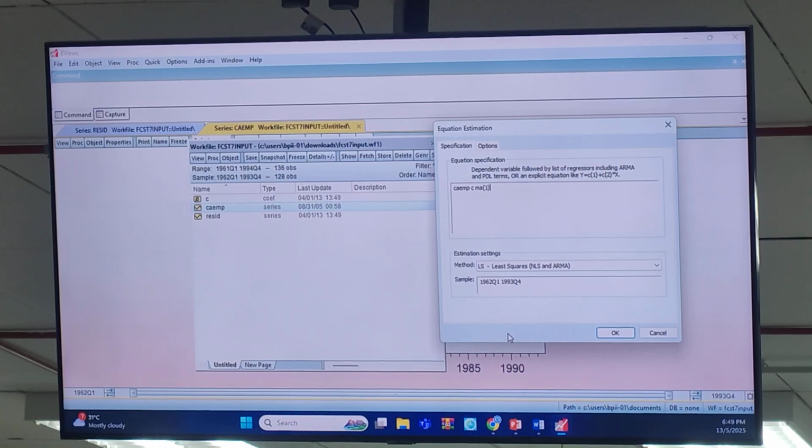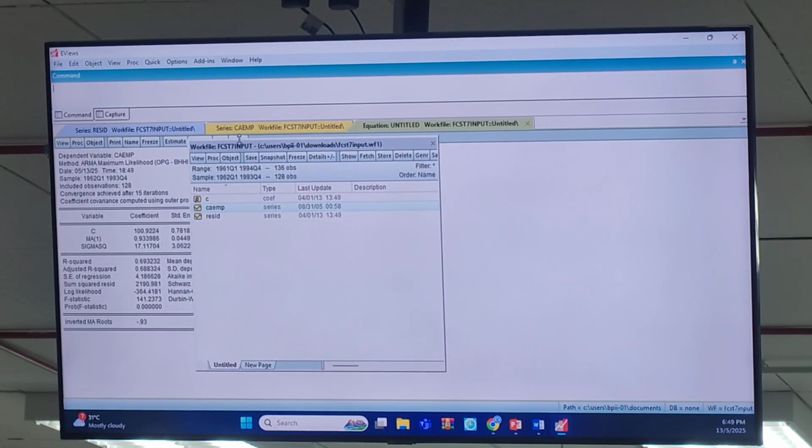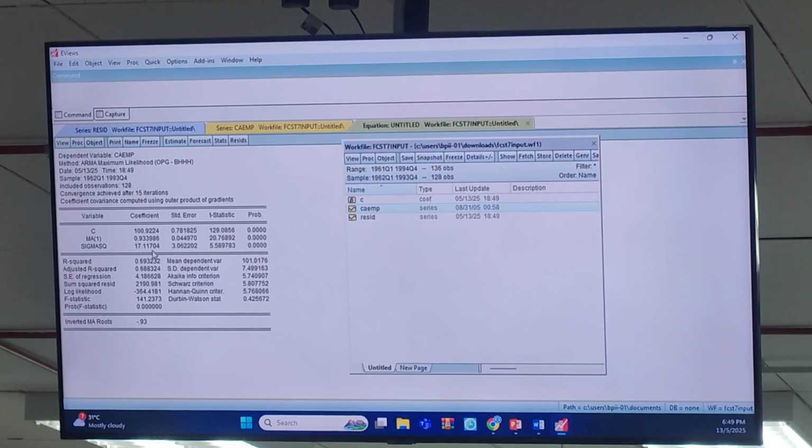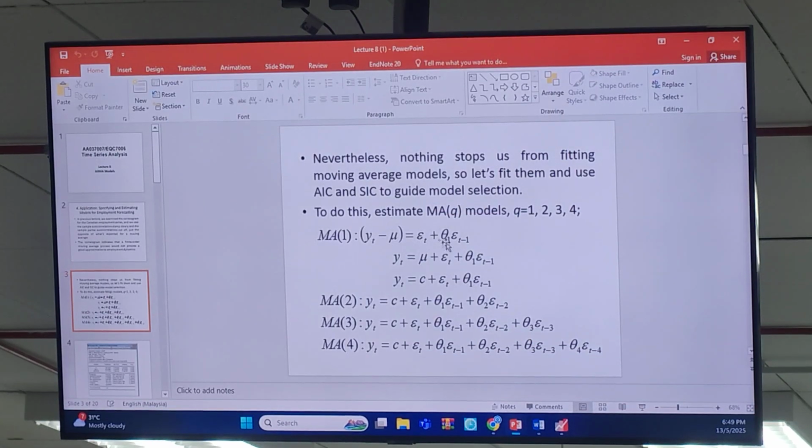Because now we haven't discussed that, it should be okay. So C is significant, you can retain the C. MA1, so this is our model.